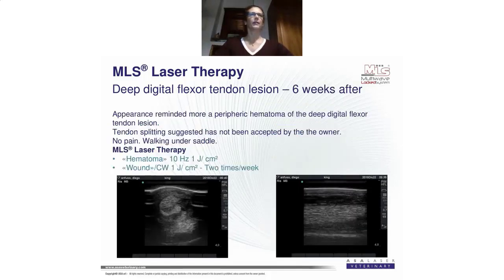So the appearance reminded more of a peripheral hematoma. Tendon splitting was suggested, but was not accepted by the owner. There was no pain after 1 week, and the horse was walked under saddle. So I introduced the protocols for hematoma and for wound, 2 times a week.